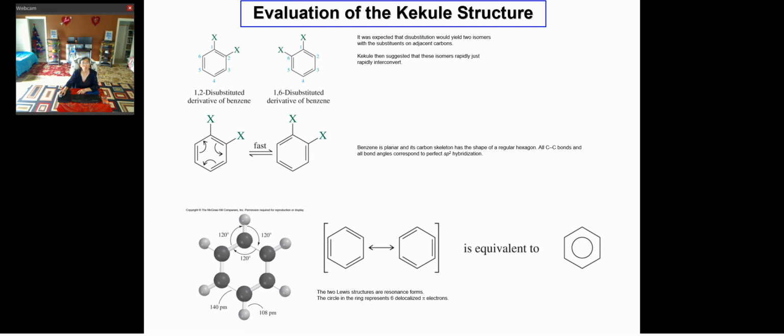In the real world, what we found is that all the carbon-carbon-hydrogen bond angles are 120 degrees. All the carbon-carbon bond lengths are 140 picometers. The hydrogen-carbon bond is 108 picometers, meaning the bond angles, bond strengths and bond lengths are all identical.